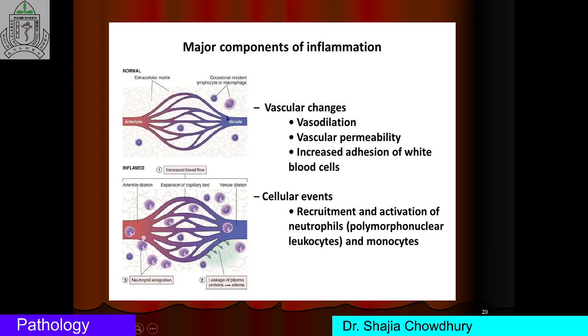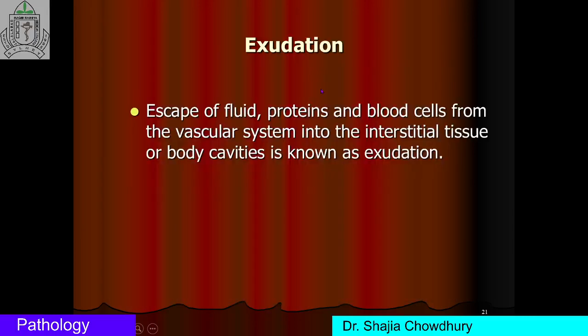This is a dilated, expanded blood vessel with increased blood flow. These are the components of acute inflammation: vascular events, meaning vasodilation and increased vascular permeability, and cellular events, meaning recruitment and activation of neutrophils and monocytes. These are the major components of acute inflammation.